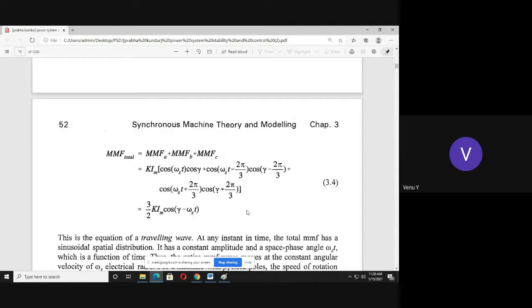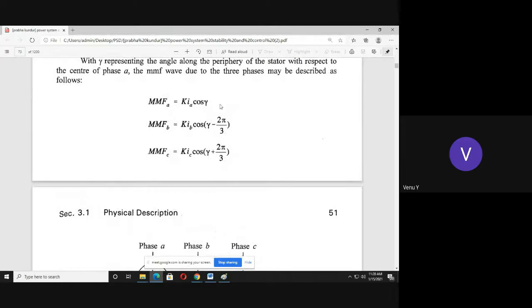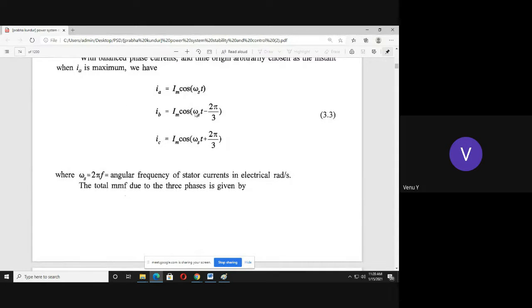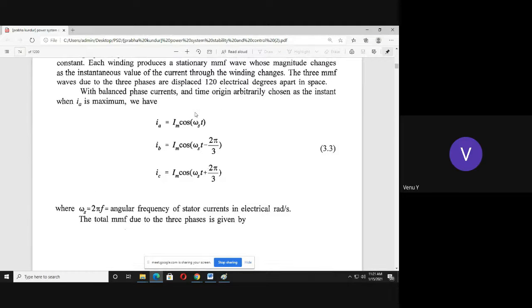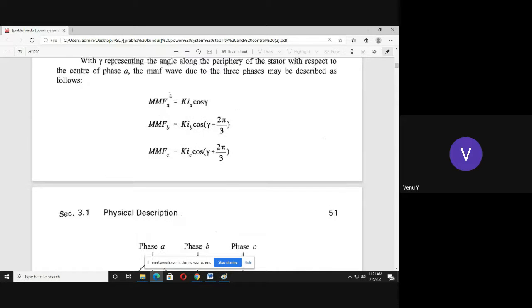Now the MMF. So here let us take the MMF wave for IA, IB and IC. IA, IB, IC are expressed like this in electrical terms. So IA, IB, IC are the electrical quantities, isn't it? So here is the MMF.